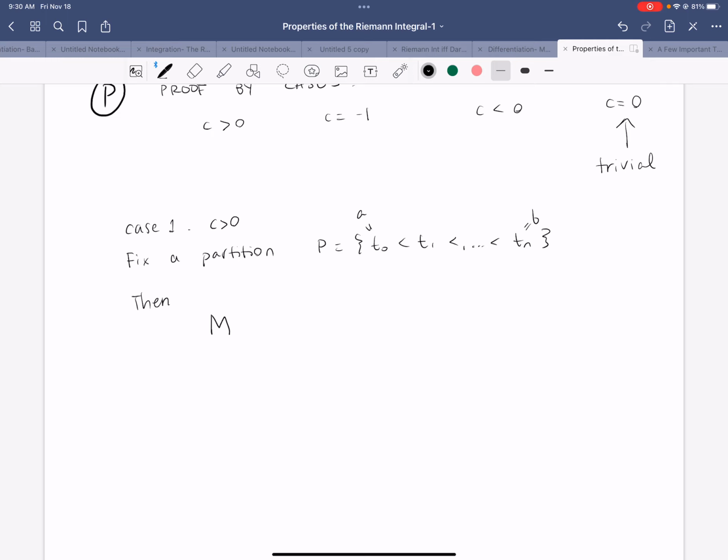if we want the upper sum of c times f with respect to P, that would be the sum of, now I need the sups of cf on each subinterval. So it'll be the sup on [t_{k-1}, t_k] times the length of that subinterval, k starting at 1 and stopping at n.